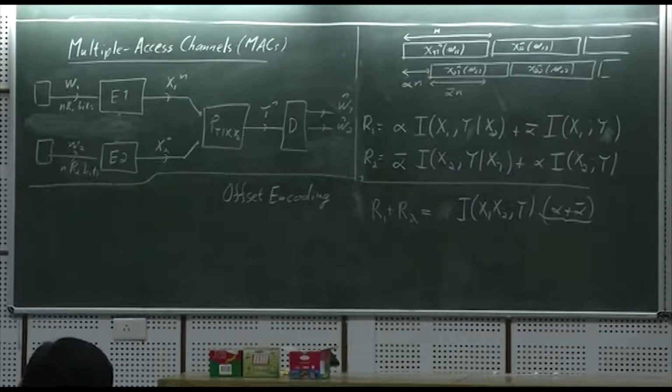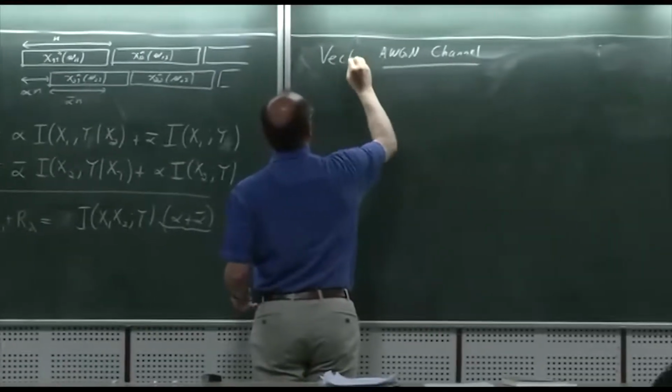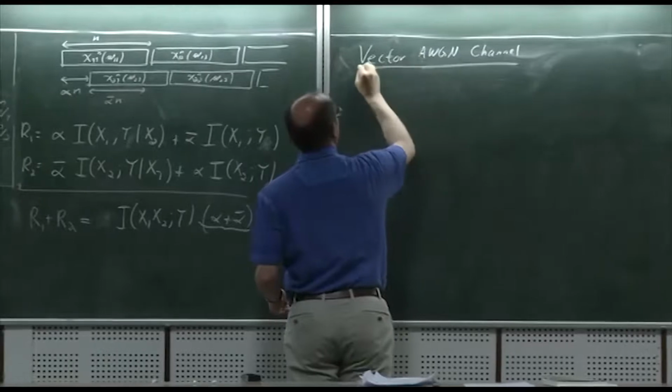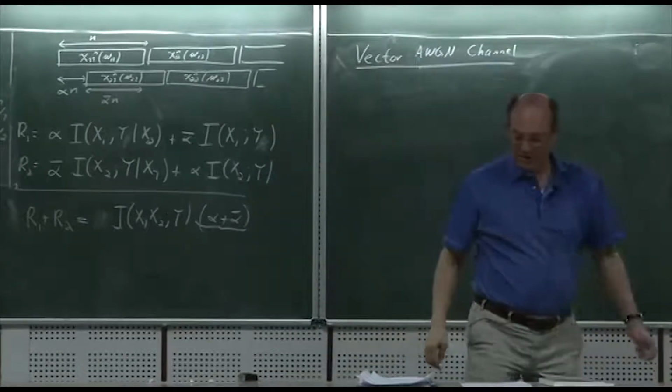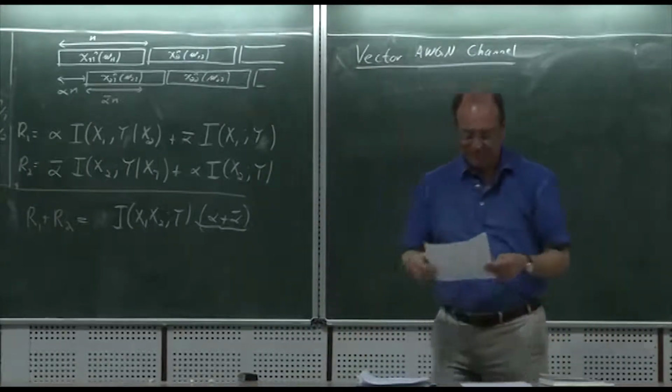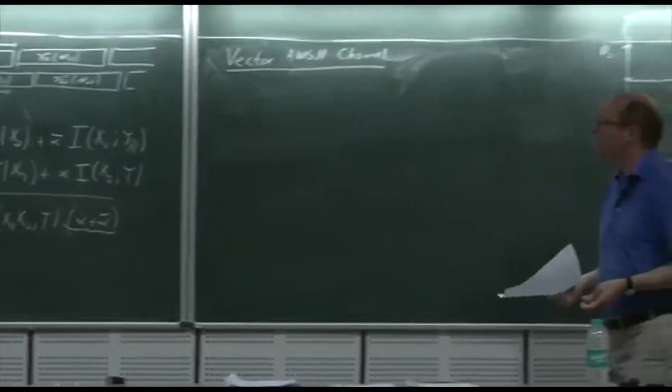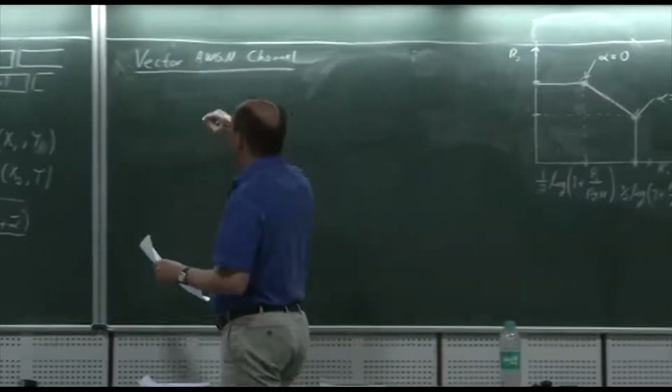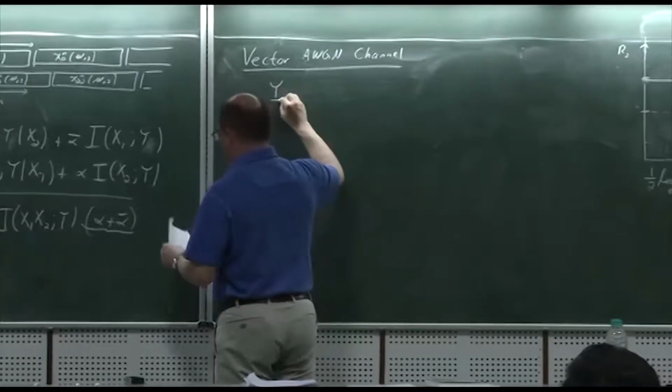Okay, so now the next thing I want to do is talk a little bit about the vector multiple access channel. Just like we talked about the vector broadcast channel, talk a little bit about the vector MAC. So now our model is going to get slightly more complicated.